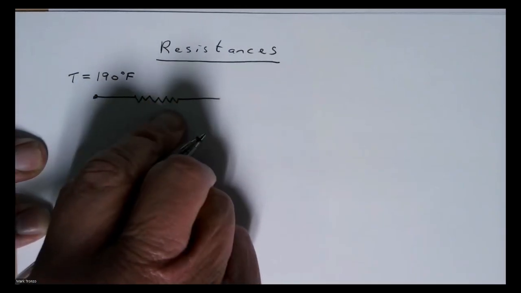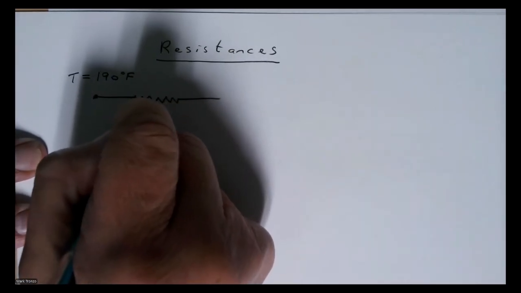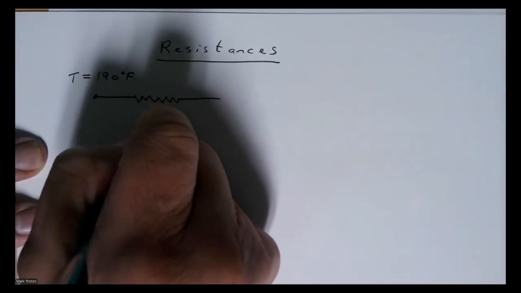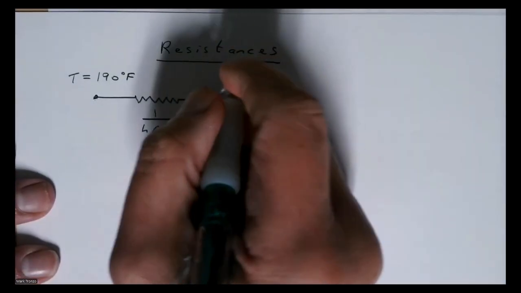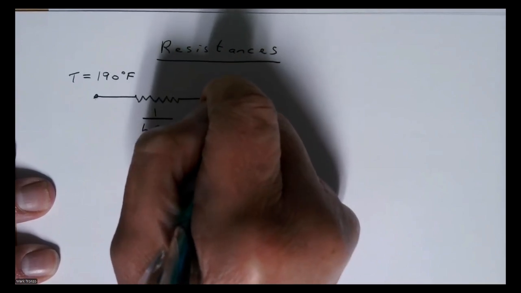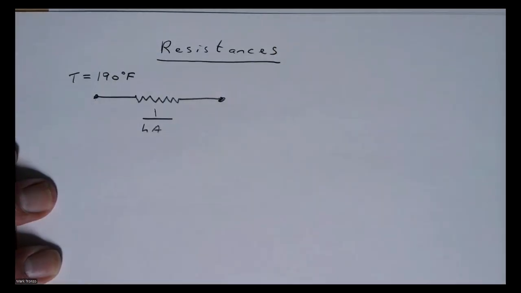Remember, convection is 1 over h times A. Then we're going to have conduction through the steel.